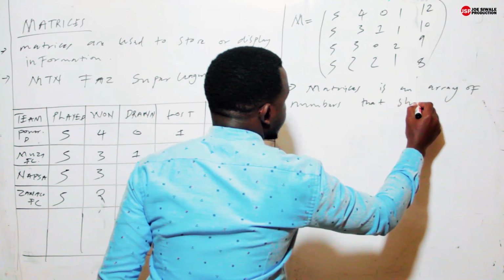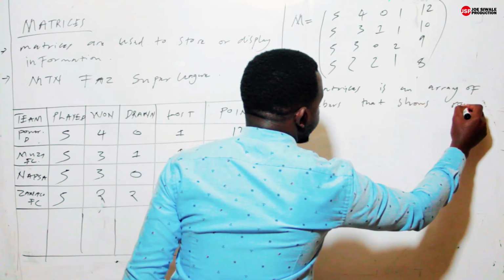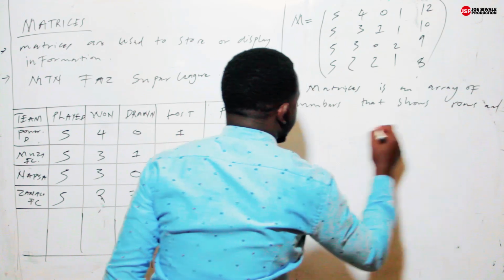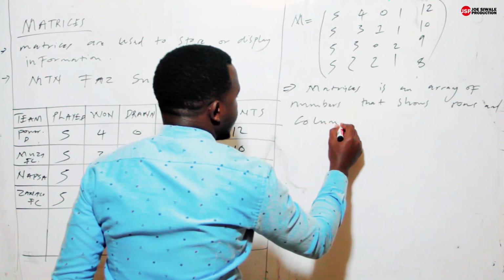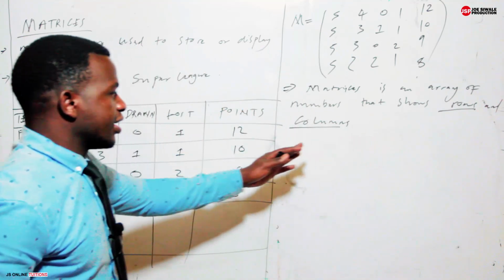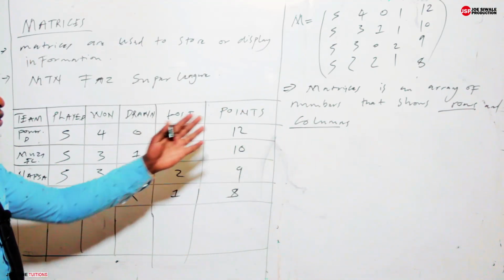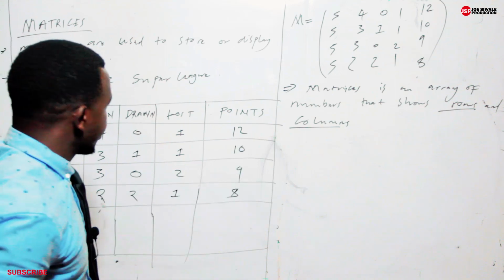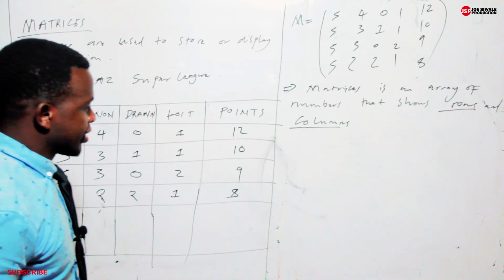If you can understand these two points, if you can just understand the rows and columns, it will be easy for you to follow through this topic concerning matrices.